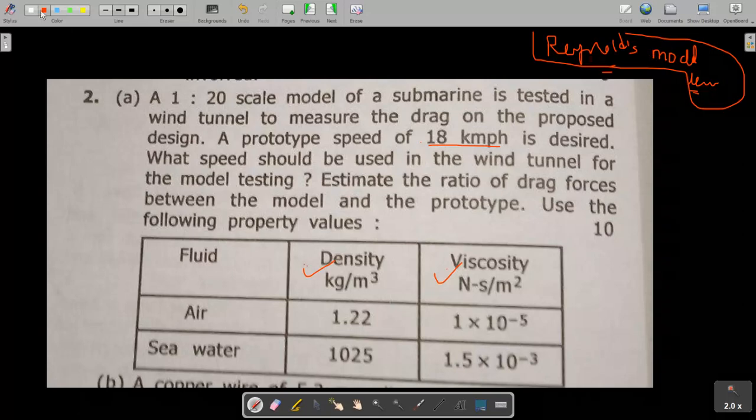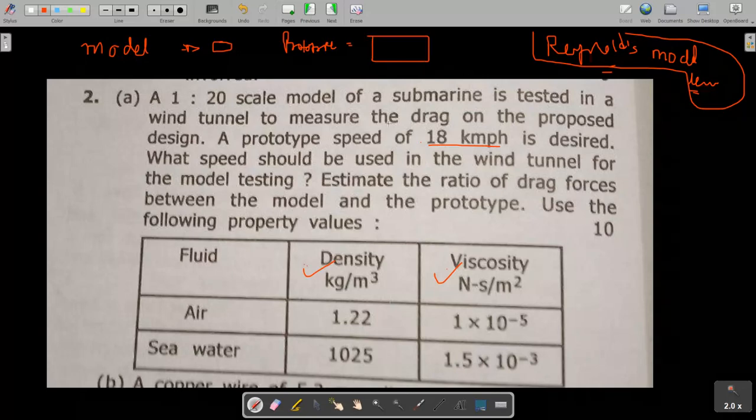So here the question is given that a 1:20 scale model of the submarine is tested in a wind tunnel. I have already explained earlier that a model means a small scale replica of the actual object, and the prototype in this type of numerical is the actual size object.